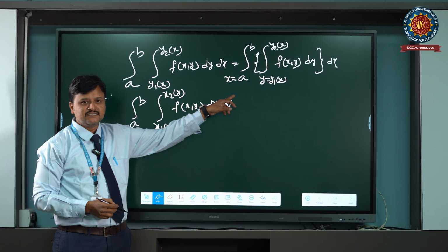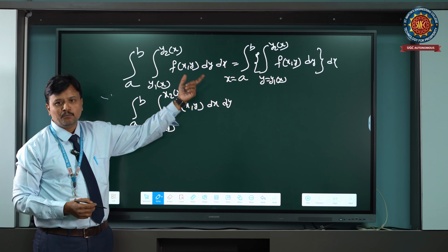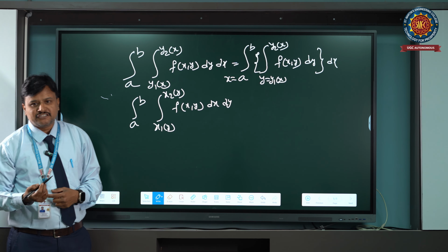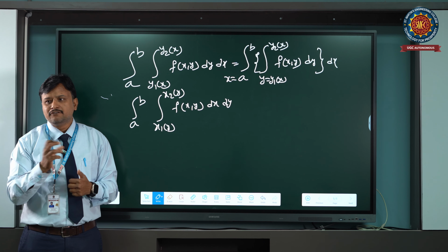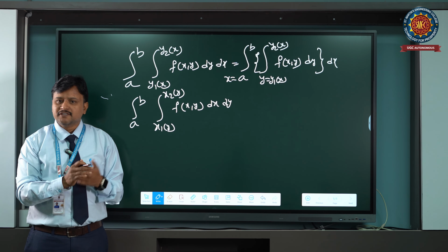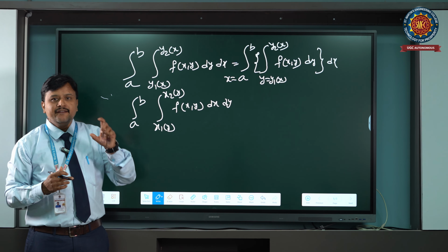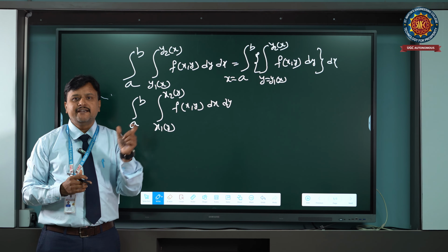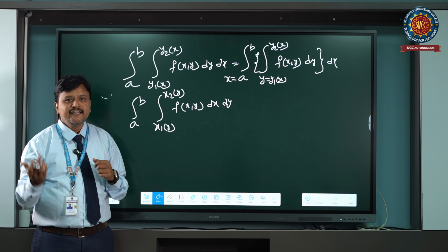Between the limits y equal to y1 of x to y2 of x, and x limits from a to b. Like partial differentiation, which we already know: when differentiating with respect to x, treat y as a constant, and when differentiating with respect to y, treat x as a constant. Like that, here we are introducing partial integration.